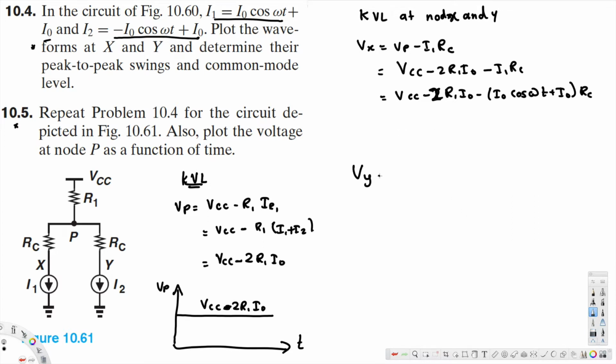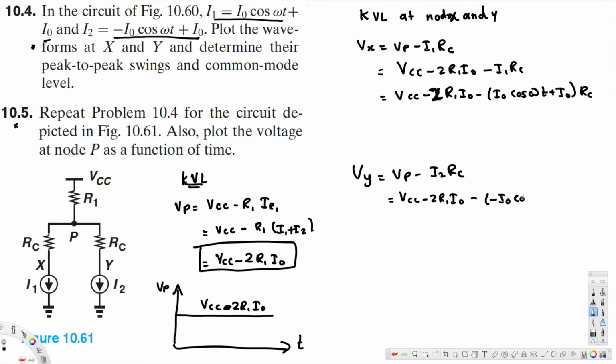Let's go to VY. VY is VP minus I2 RC, because the current going through Y is I2. Again, I'm going to do the same thing. Instead of VP, I'm going to plug in VCC minus 2R1 I naught. Instead of I2, I'm going to plug in negative I naught cos omega t plus I naught, and then multiply this by RC.